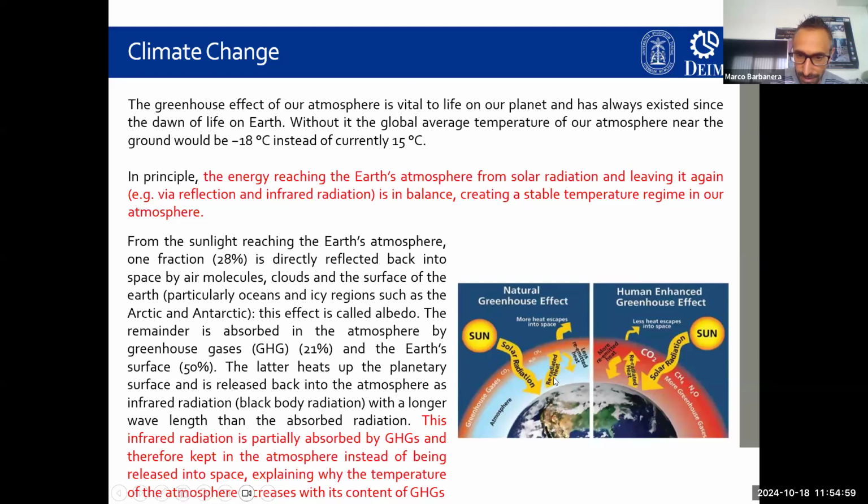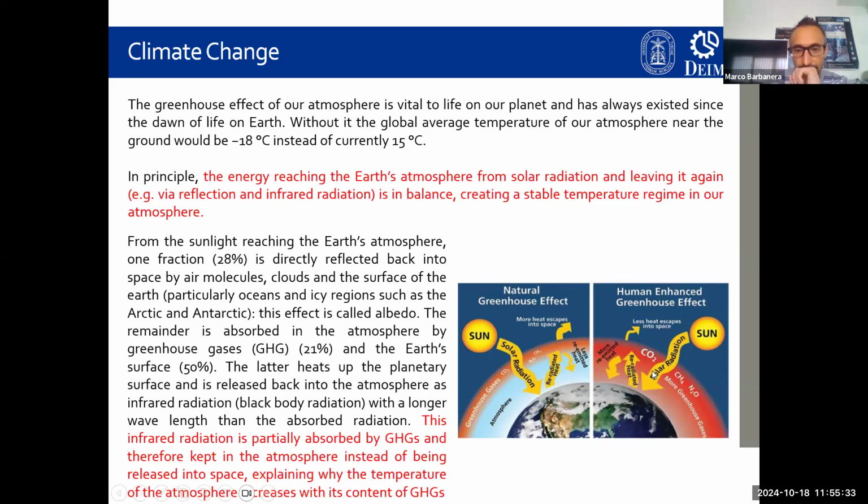So in the natural situation, without any climate change, without any global warming problems, the energy associated with this infrared radiation can reach space through this layer of greenhouse gases.